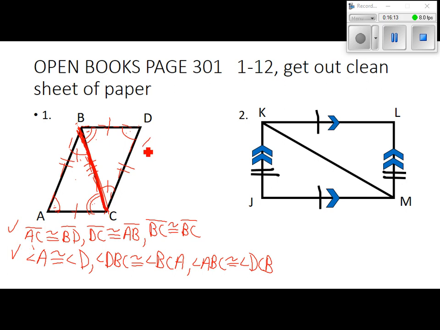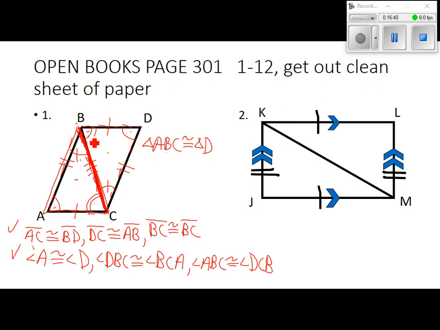Now the last thing they want us to do is to write the congruency statement. So we've got to name this triangle and match it up with this triangle and say that they're congruent. This first triangle over here, I'm just going to name it triangle ABC, just because that's easy, is congruent to triangle. We've got to make sure we match it up. A matches up to D. We put B second.